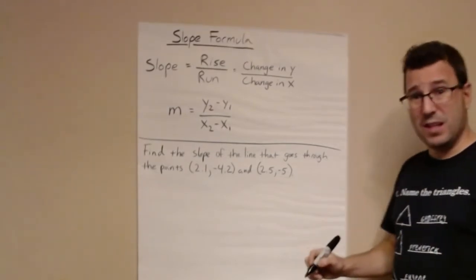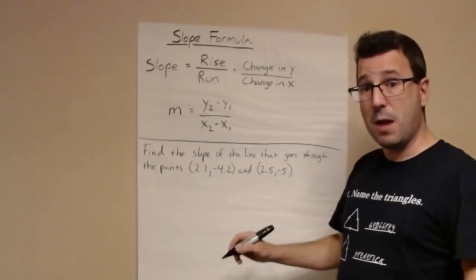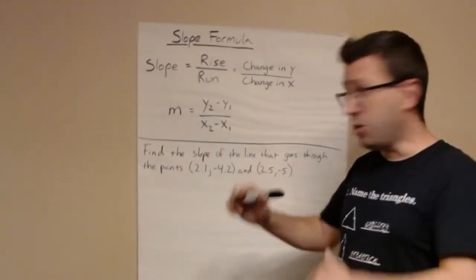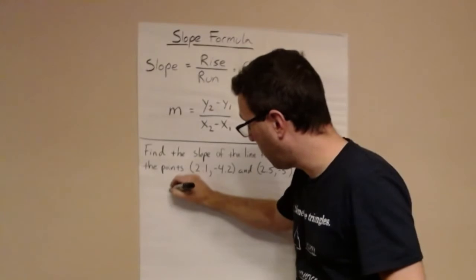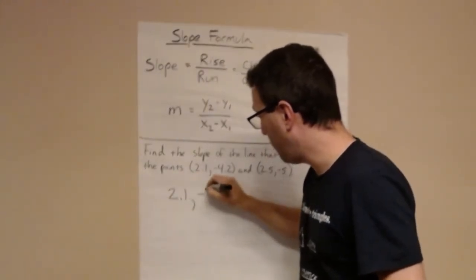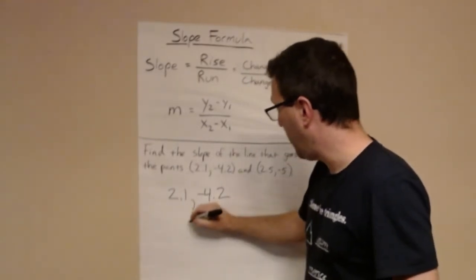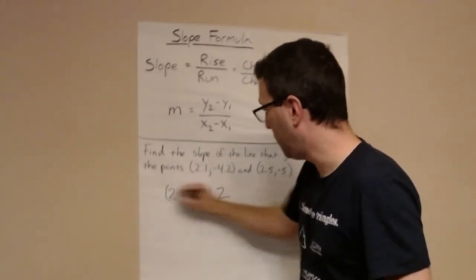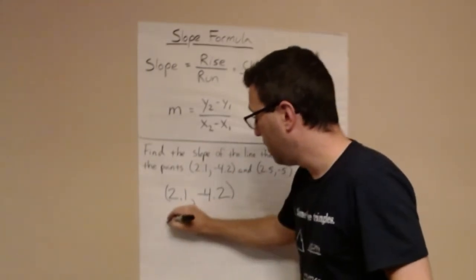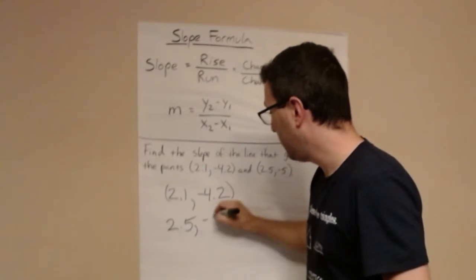So here's one of the things I like to do. I like to rewrite my points so that they're over each other. So (2.1, negative 4.2), and let me put my parentheses around there, (2.5, negative 5).